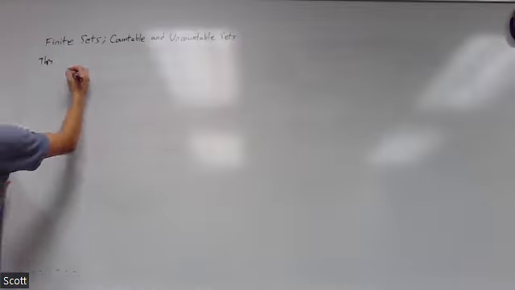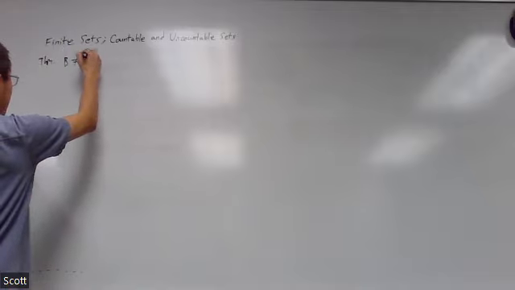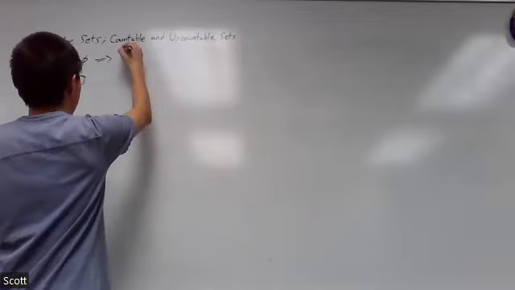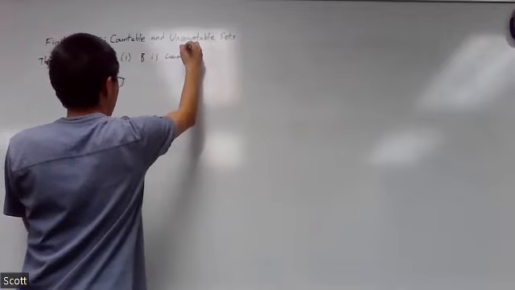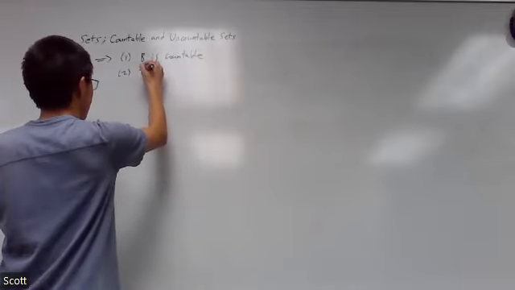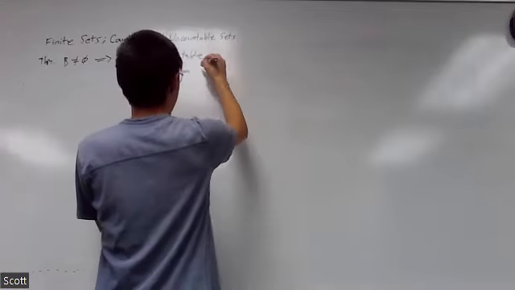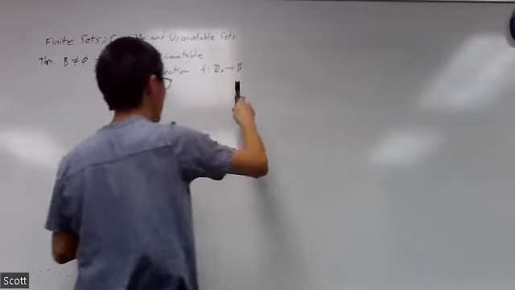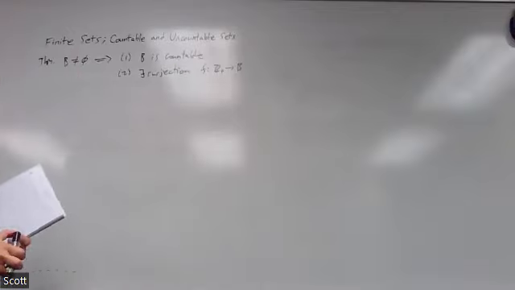Here, so long as B is not empty, the following are all equivalent. If B is countable, then there exists a surjection that takes the positive integers onto B. The only case when this would not be onto is when B is no longer countable.